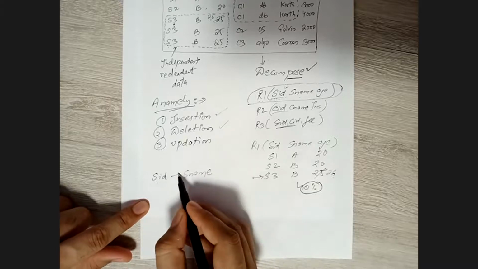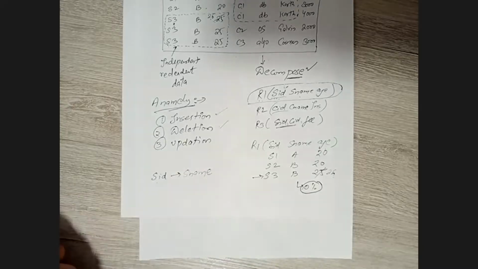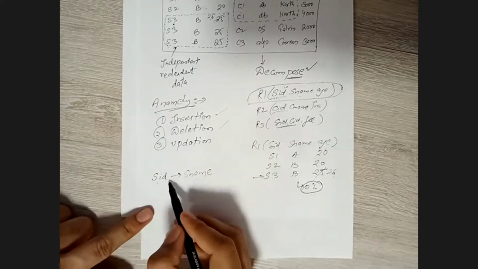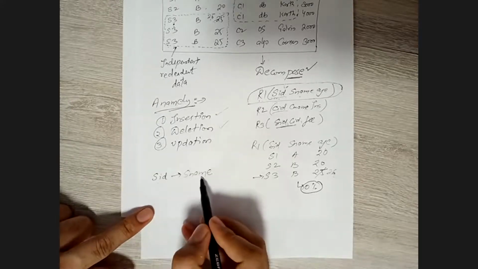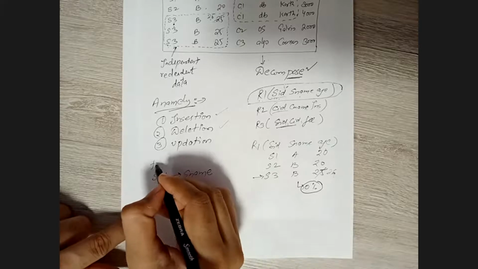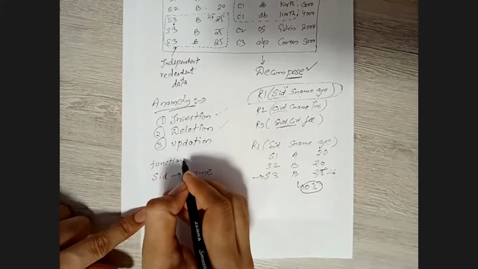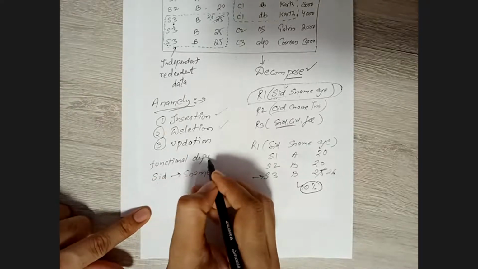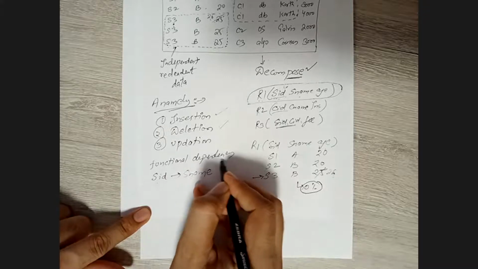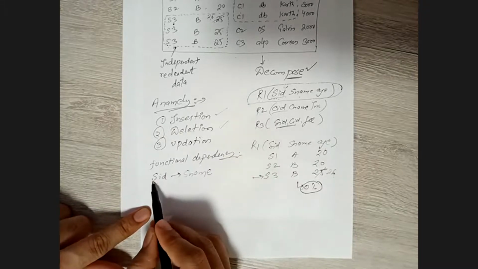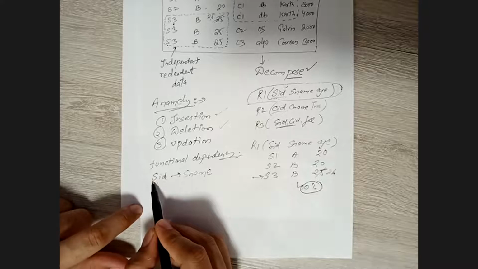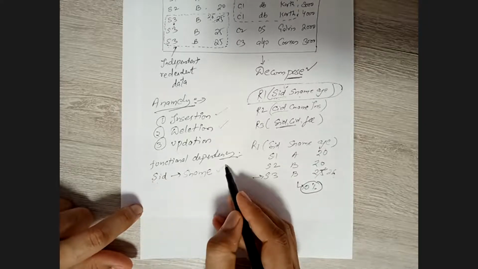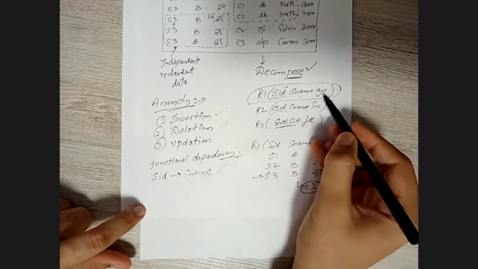This is the arrow I have already shown when we were doing the key part, primary key, foreign key, and all those. At that point of time I told you, right? What's the meaning of this one? We say this is a functional dependency, if you remember. So this means if I have the value of SID, I can give you the value of SName. In the same way for age as well.